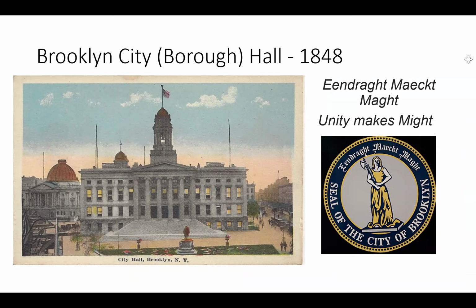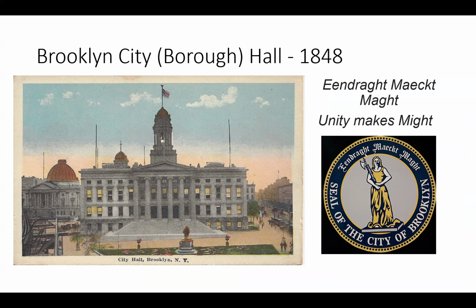Brooklyn gradually grew. In 1848, remember, Brooklyn was an independent city. It was not part of New York. It was an independent city all its own. And here we see the new Borough Hall, or the City Hall of Brooklyn, in 1848.